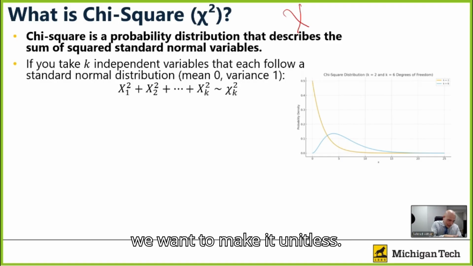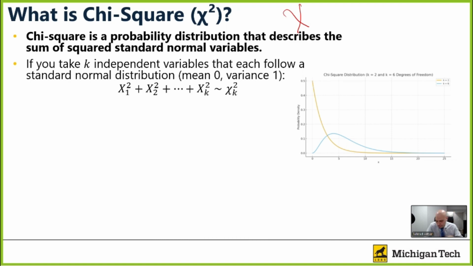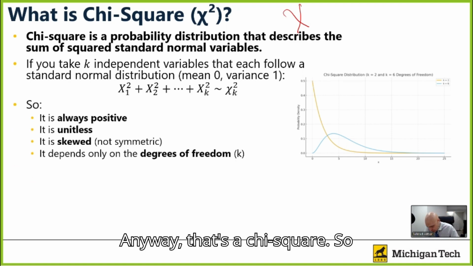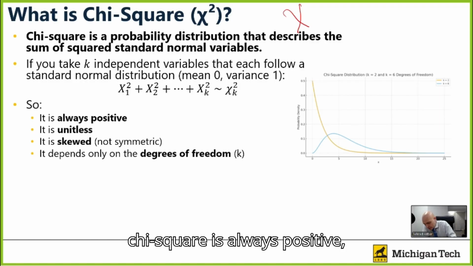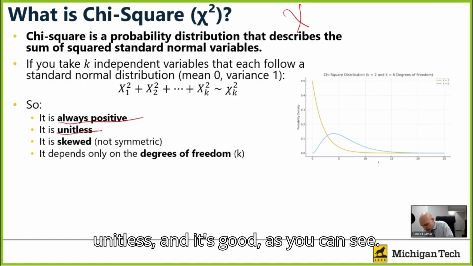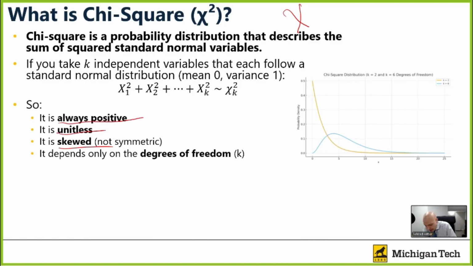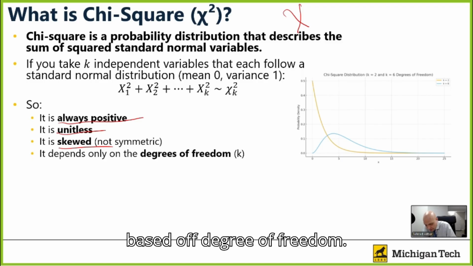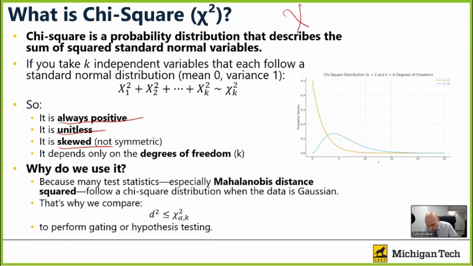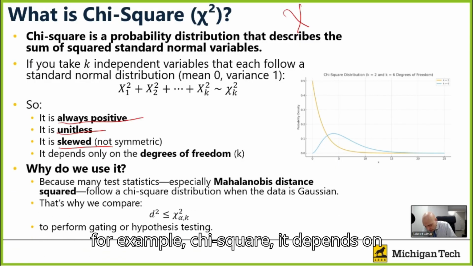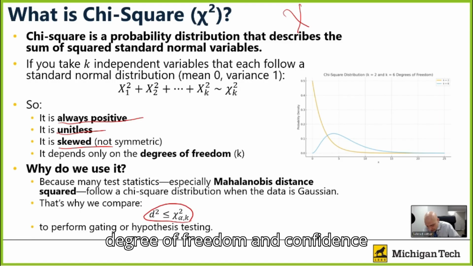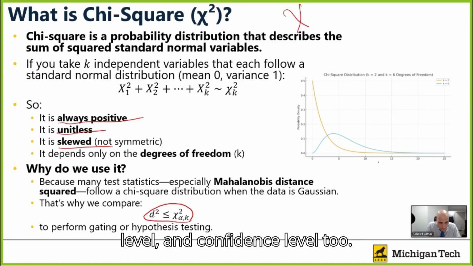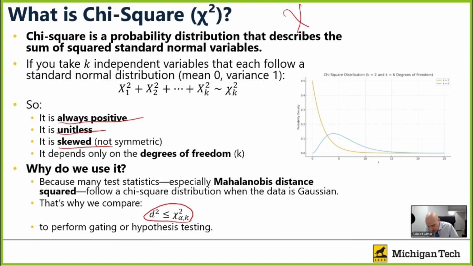Because we want to make it unitless. Anyway, chi-square is always positive, unitless, and skewed, as you can see, and it is based on degrees of freedom and confidence level.